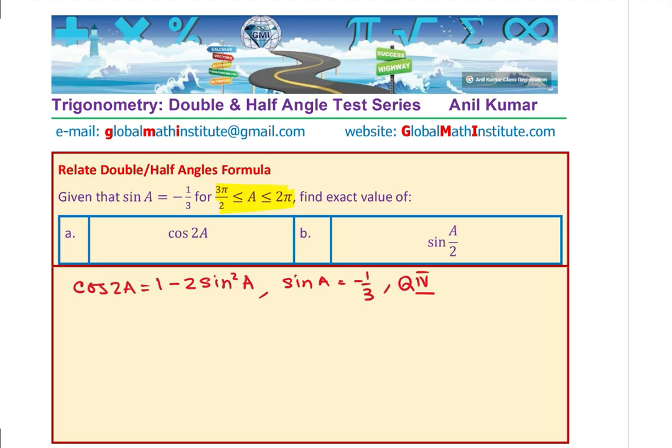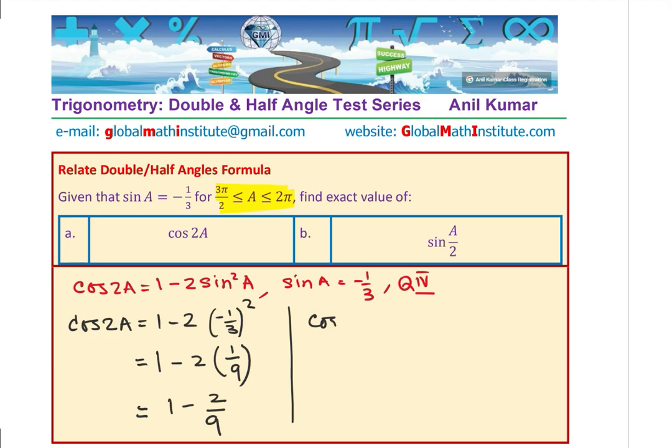So using this formula, cos 2a should be equal to 1 minus 2 times sine a, which is 1 over 3. You may write 1 minus 2 times (1 over 3) whole square, right? That becomes 1 over 9. So that is 1 minus 2 over 9.